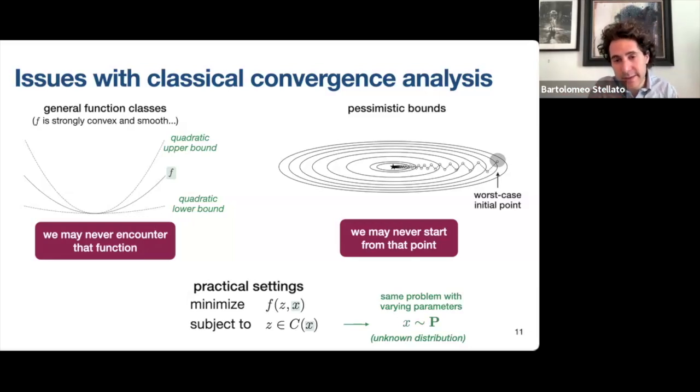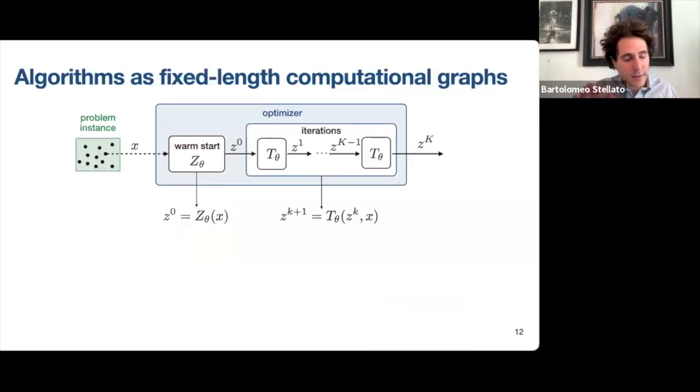So to do that, we take a different approach. We try to represent algorithms as a fixed length computational graph, where we look at the inputs, which is the problem instance, and the output, which is the iterate after k iterations. Inside, you construct an initial point z0, either by warm starting or even cold starting at 0.